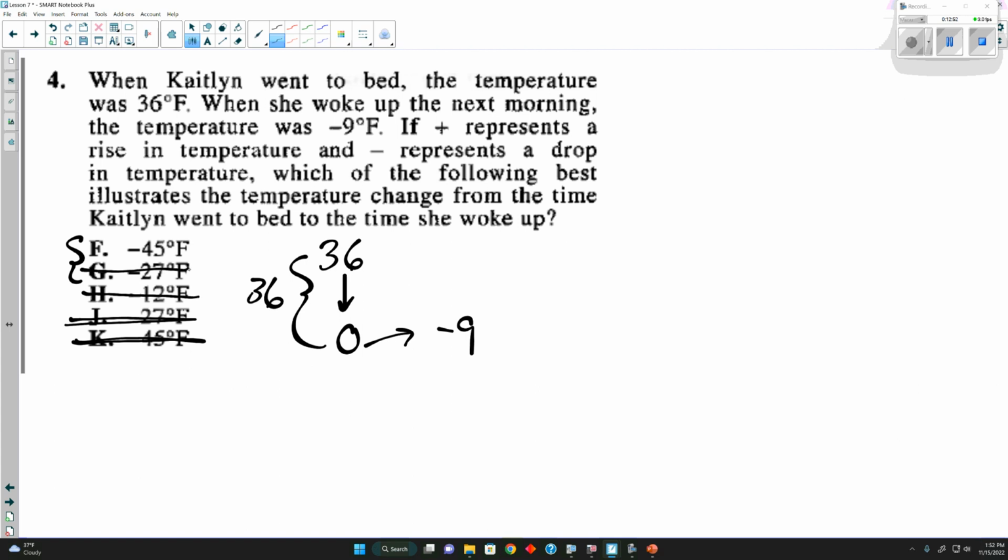And it changed more than 27, yes? So it has to be this one. Because the distance from here is 9, and 36 plus 9 is 45. And we put the minus to signify that it went down. Questions on this here?